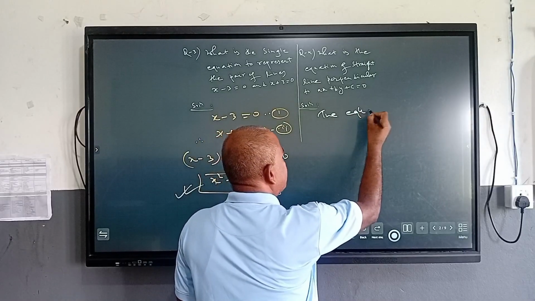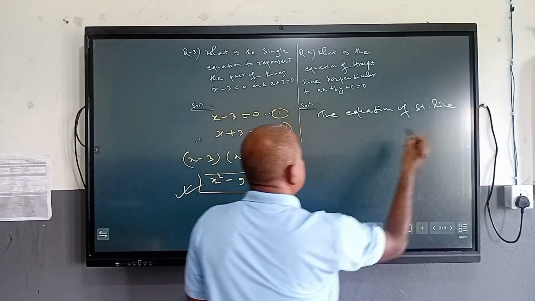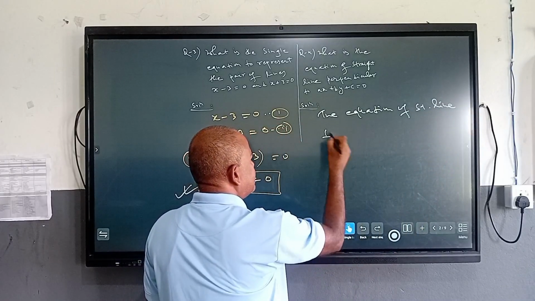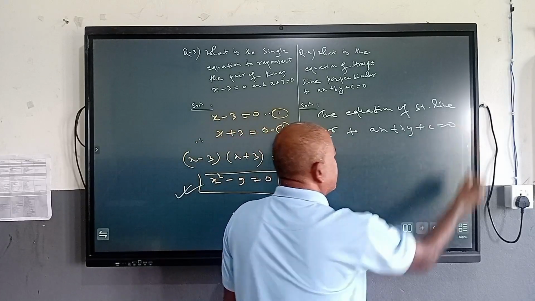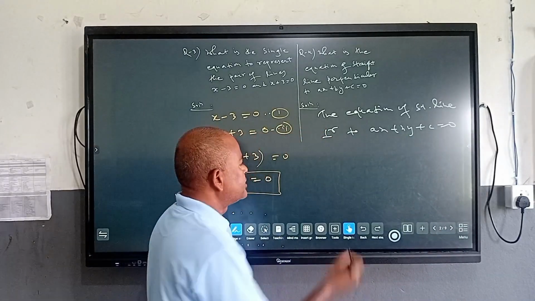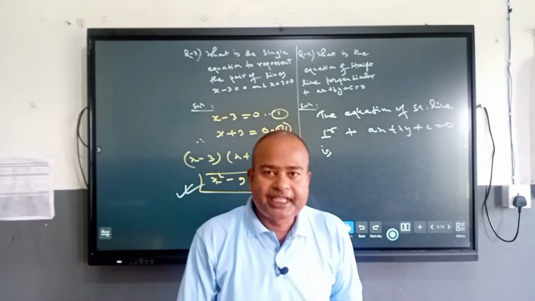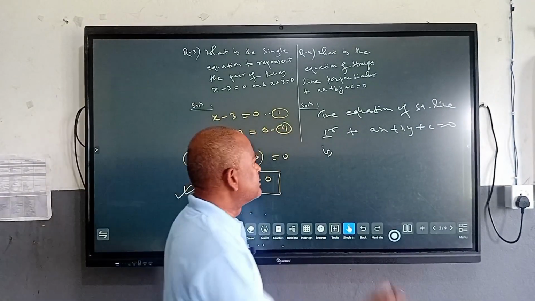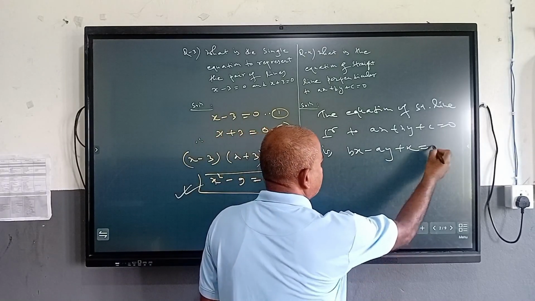The equation of the straight line perpendicular to ax plus by plus c equals 0 is given by the formula bx minus ay plus k equals 0.